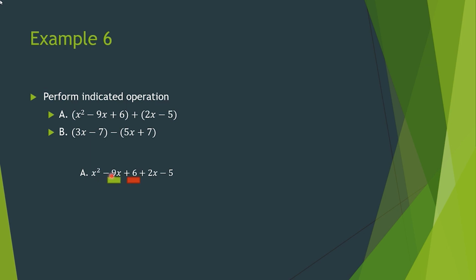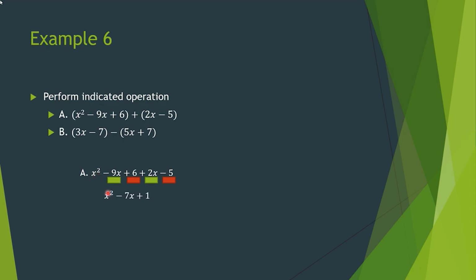I'll use green for the x's, and for the constants I'll use red. So I'll make that another green, another red. And if I label them, you can underline these differently, like once, and then maybe this twice. Or you can rearrange it however you want to.